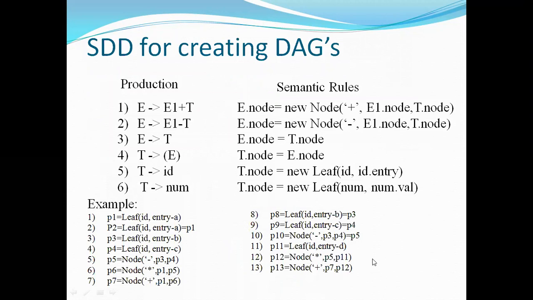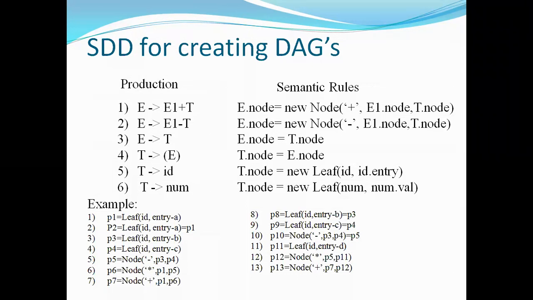Is it clear now? How to write a sequence of operations for the syntax tree. And here we are directly writing for the DAG, right? Sequence of operations for the DAG. That means from the given grammar, each and every production is associated with a semantic action based on the functions of the syntax tree.